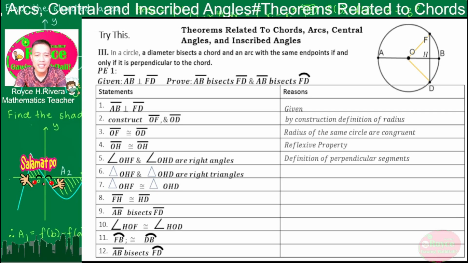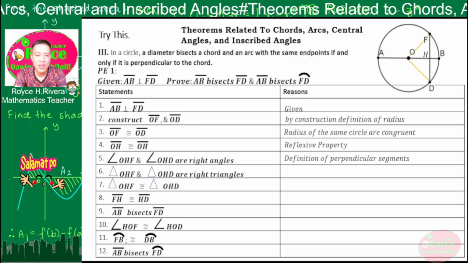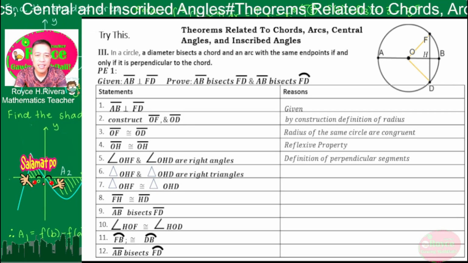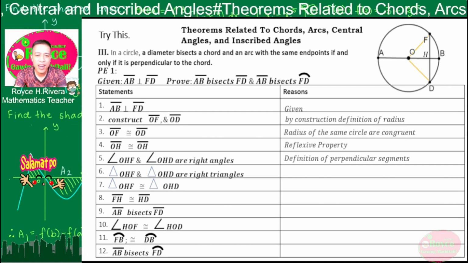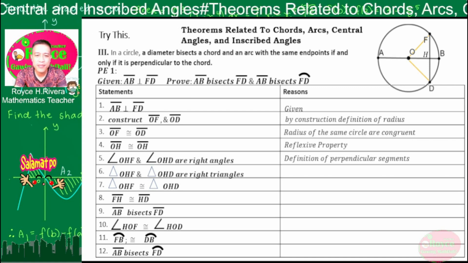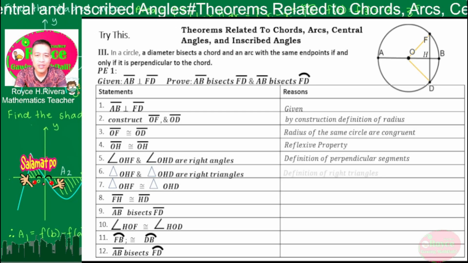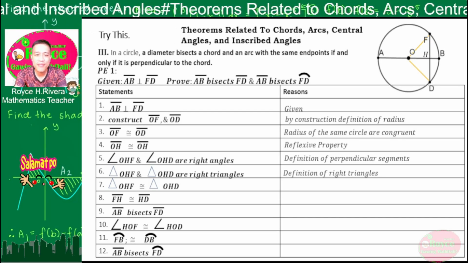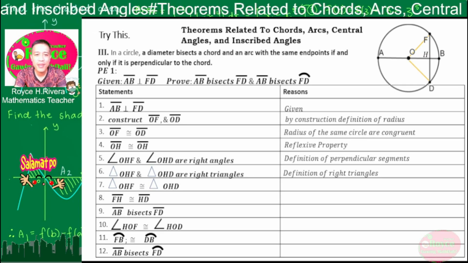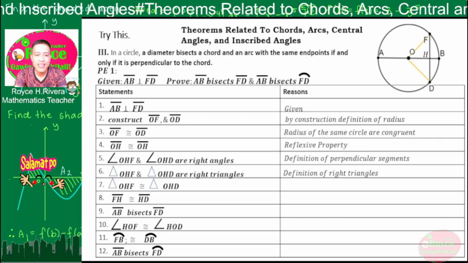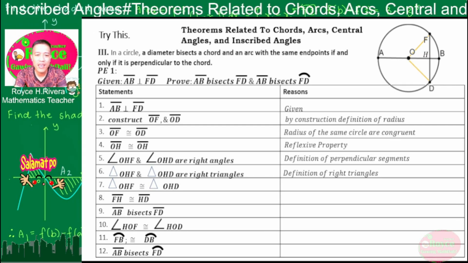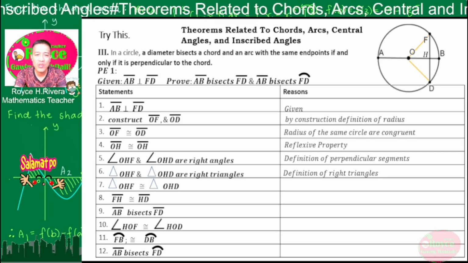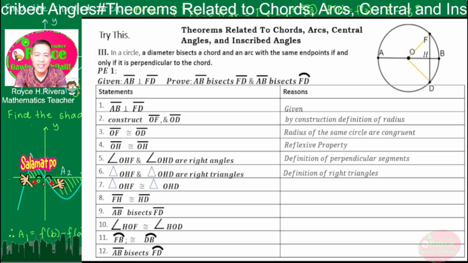Statement number 6. Triangle OHF and triangle OHD are right triangles. For the reason, definition of right triangle. Statement number 7. Triangle OHF is congruent to triangle OHD.